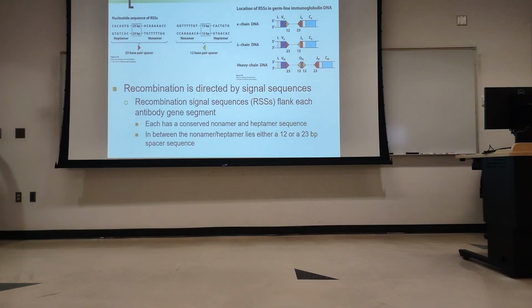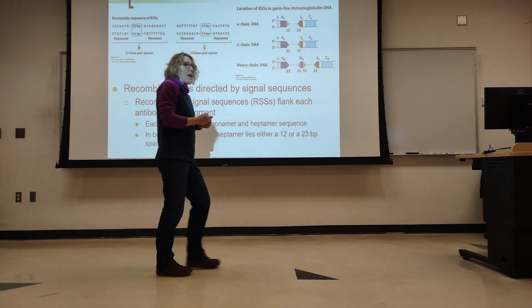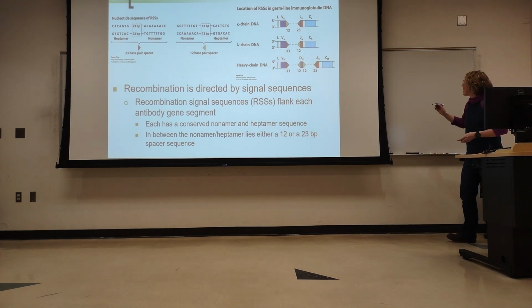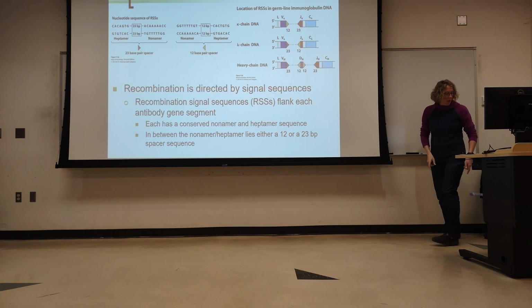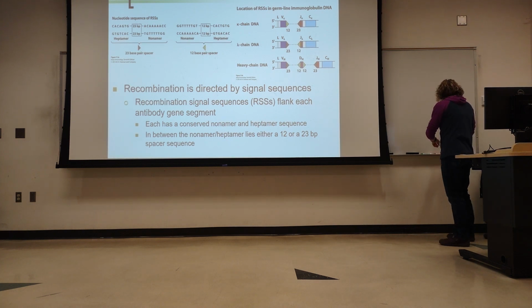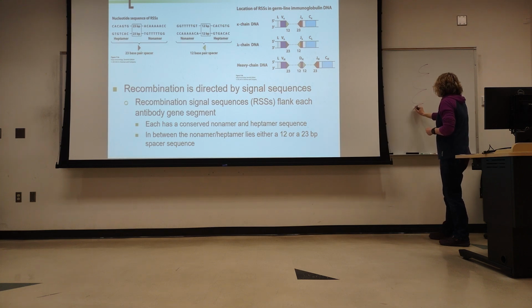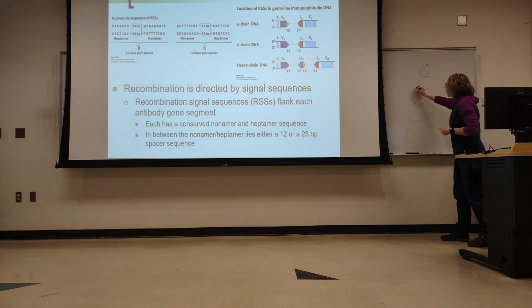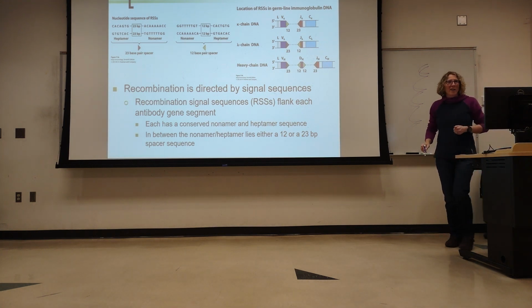I apologize right now. I've drawn the structure of DNA about a million times and never gotten better at it. I'm terrible. So this is my very bad DNA, okay? There's my double helix.